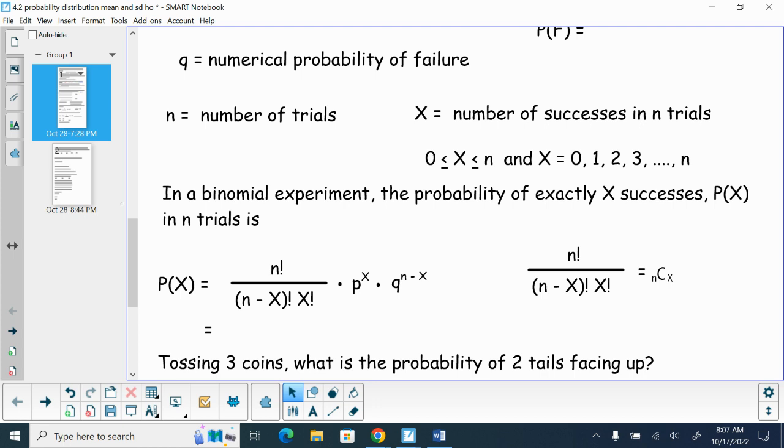Remember, when we're talking about combinations, order is not important. So we have NCX, P to the X, Q to the N minus X.